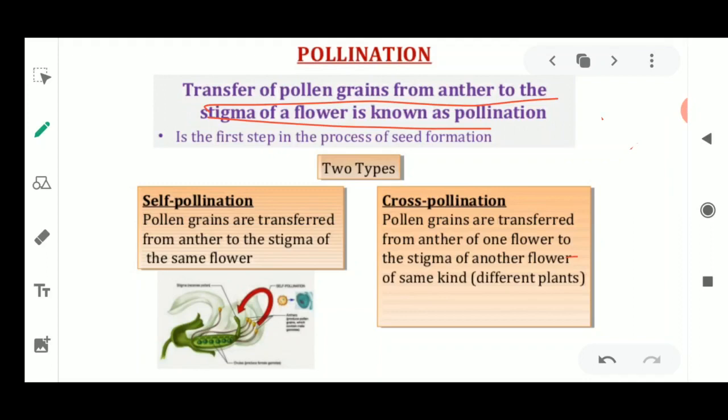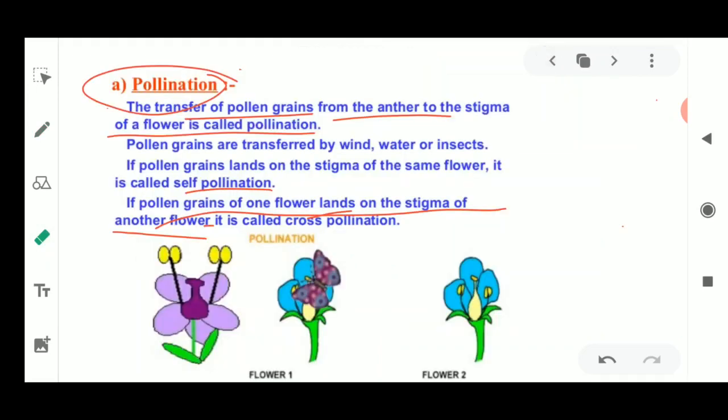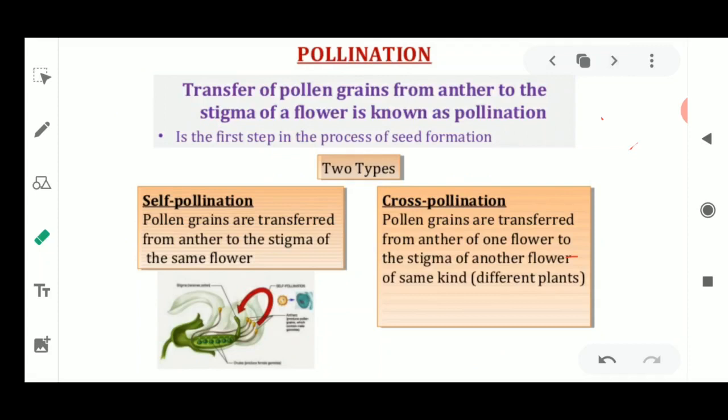For this, you should always understand the concept of unisexual and bisexual flowers. If the reproductive parts are present on the same flower, it means it is a bisexual flower. And if pollination is taking place between different flowers, it means it is a unisexual flower. If cross pollination is happening, it means it is definitely a unisexual flower.